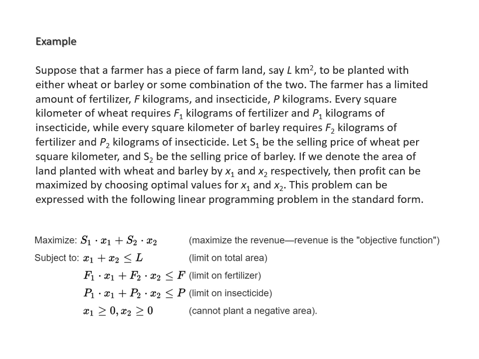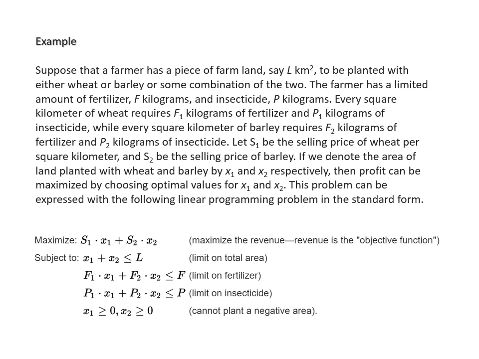So all that is to say that 1 square kilometer of wheat requires a different amount of fertilizer and a different amount of insecticide than 1 square kilometer of barley. So each of the products that you can sell here also has a separate price. S1 is the selling price of wheat per square kilometer, and S2 is the selling price of barley.